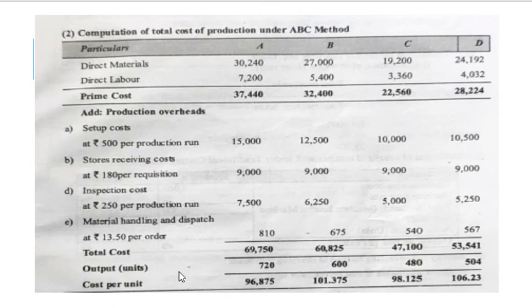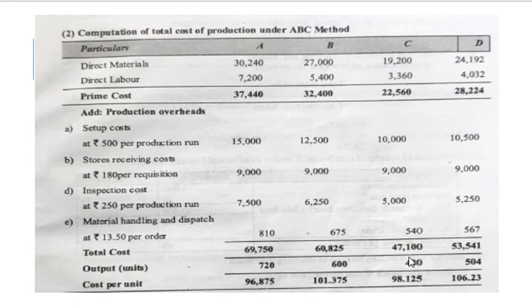Then your output, as they have asked us to calculate cost per unit, we need to divide by the number of units. So the output is 720 for A. So the cost is 69,750 divided by 720, which will give you 96.875. And for B, 60,825 divided by 600, which will give you 101.375.